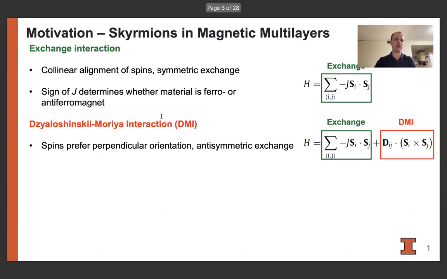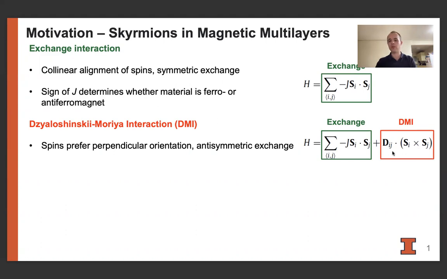So far, so good, but there exists another type of exchange interaction, which is antisymmetric, the so-called Dzyaloshinskii-Moriya interaction, or DMI. Here, the spins prefer a perpendicular orientation with respect to each other, because Si and Sj are in this cross product, so Si and Sj would preferably be perpendicular, in contrast to the symmetric exchange interaction.